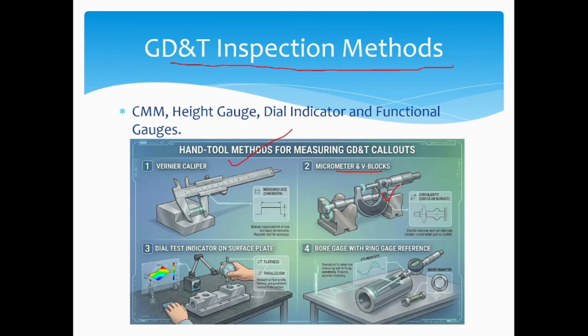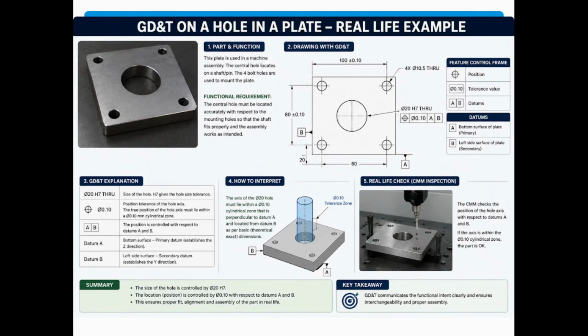If it is a position, you check with a dial indicator for position, flatness, and parallelism. Go and no-go gauges, bore gauges, and ring gauges are used for the concentricity or run-out portion.